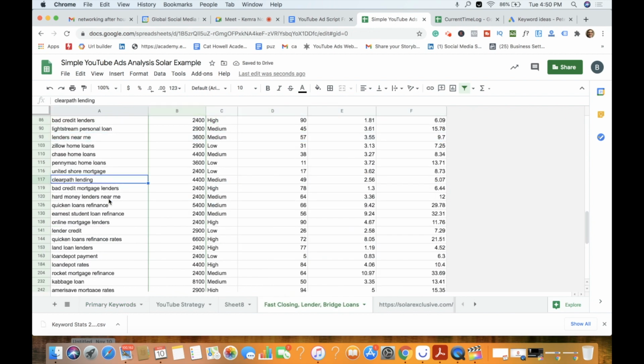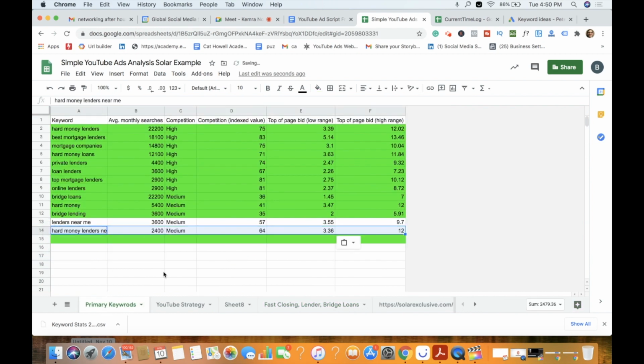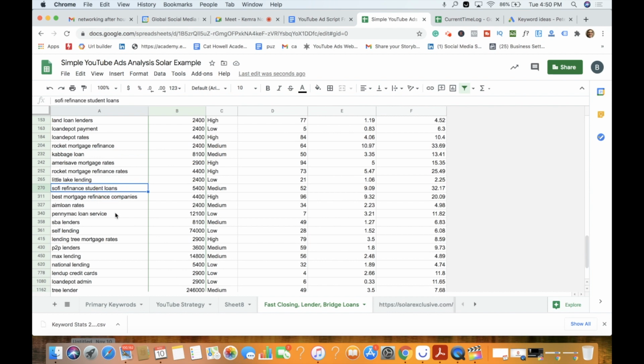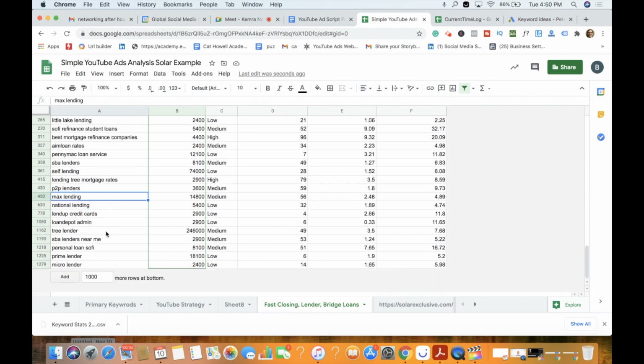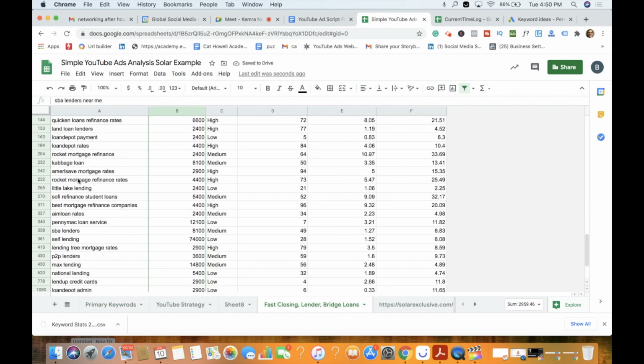And then hard money lenders near me, that's probably relevant. That's a good one. And then if there's any other ones, SBA, do you do SBA loans at all? I do, yes. Okay, so SBA lenders would be a good one. Okay, so after this last one, this is a good list.